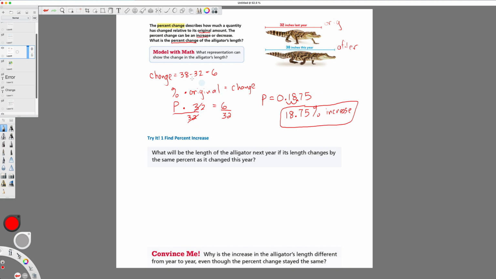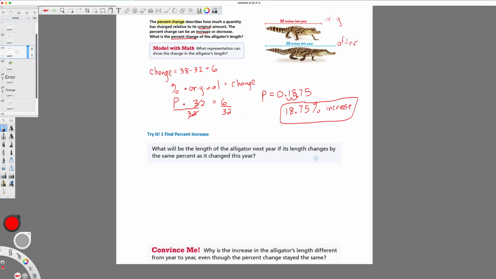Pretty straightforward. If you want, you can use a proportion. I will use a proportion on this next one just to show you that it doesn't really matter which way you do it. This next one asks for a different sort of question though. What will the length of the alligator be next year if its length changes by the same percent? So it's 38 now.